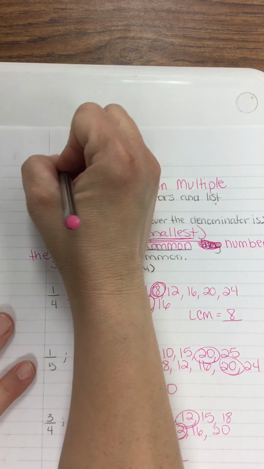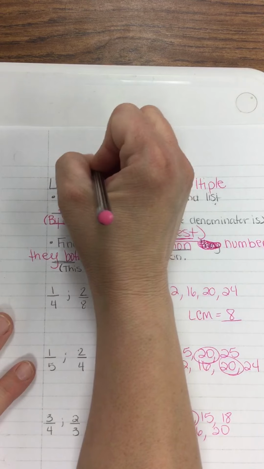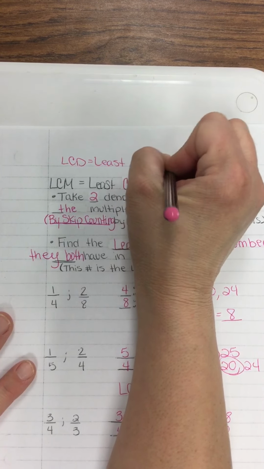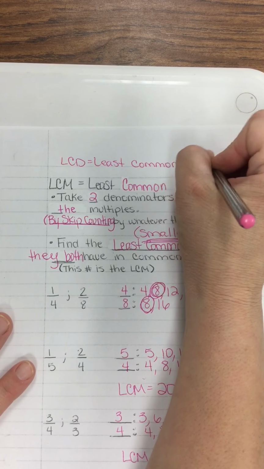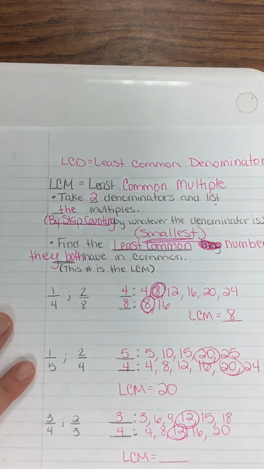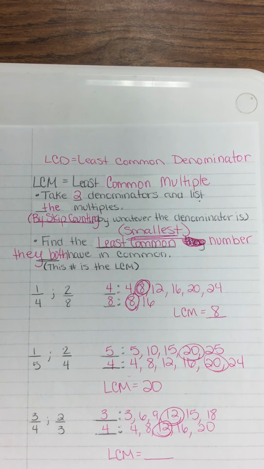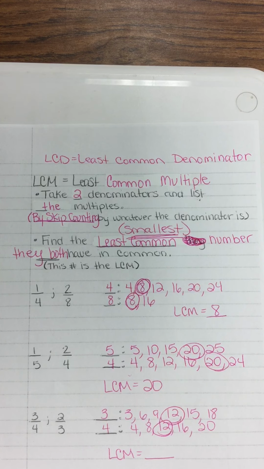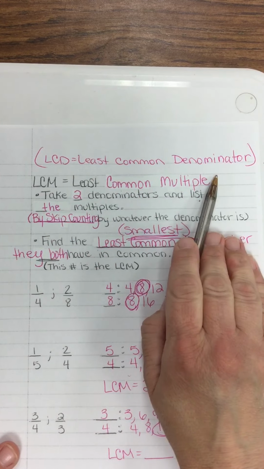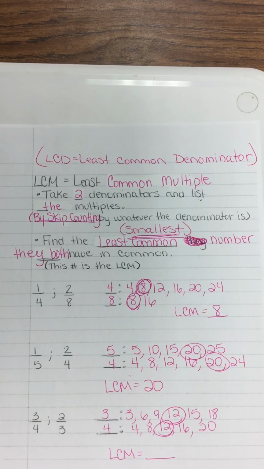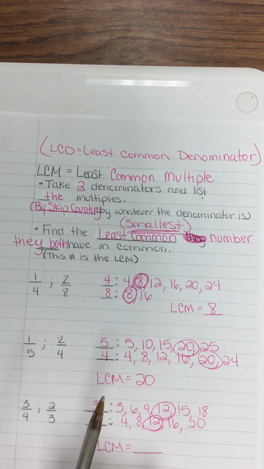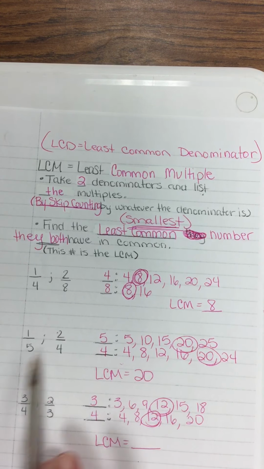You might also hear it called the LCD, which is least common denominator, because what this is leading us into is adding and subtracting fractions with unlike denominators. So we have to find the LCM to turn it into a common denominator. So for LCM, we're skip counting, looking for the smallest number they both have in common.